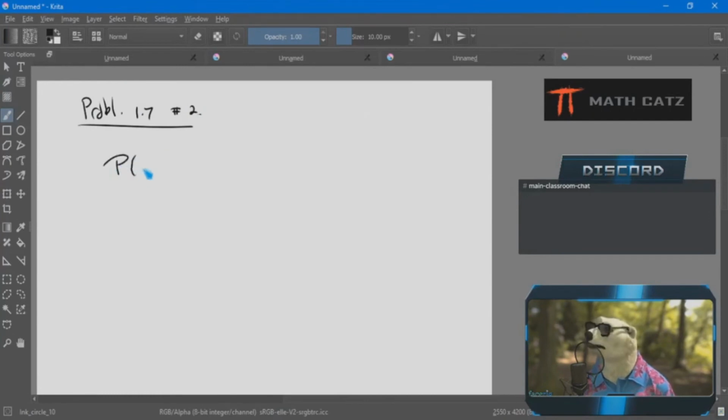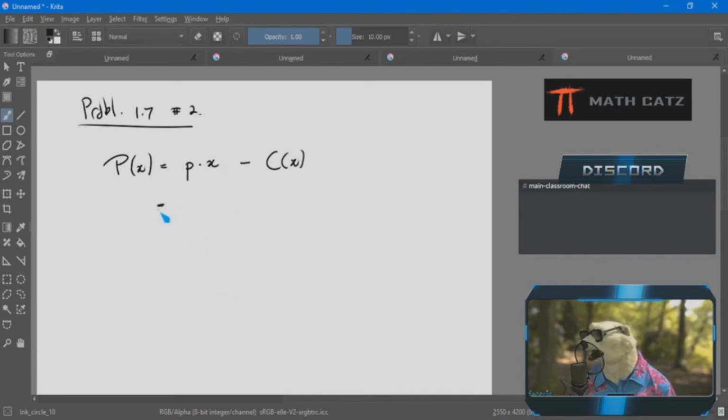So my profit function equals my revenue, which is little p times X, the price per item times the number of items, minus the cost.